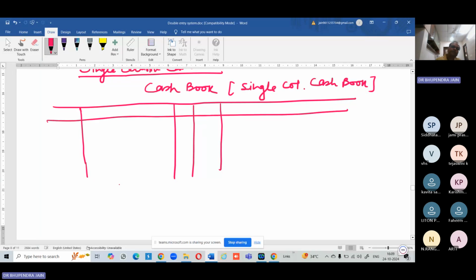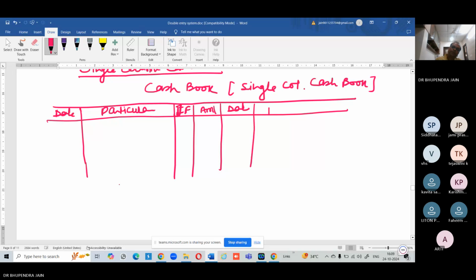This is also like a ledger, so the columns are the same: date, LF number and amount. This is the format of single column cash book.